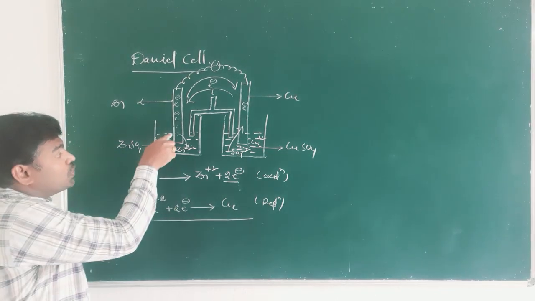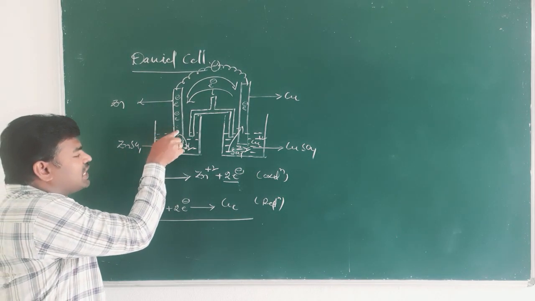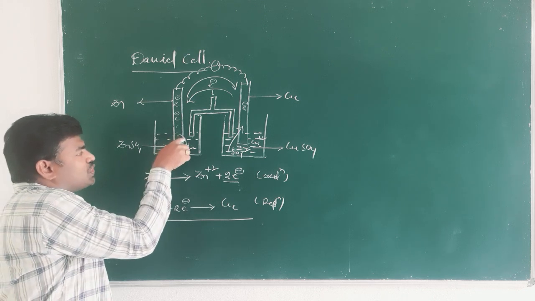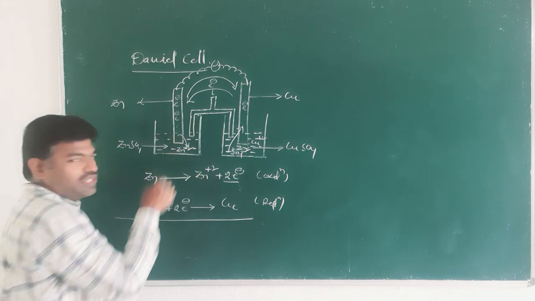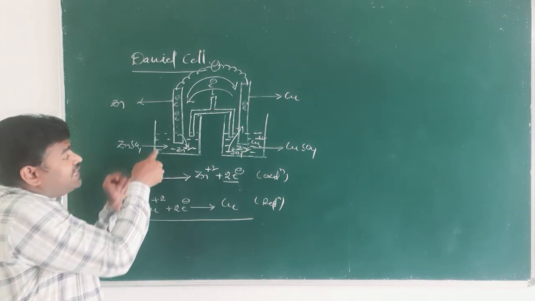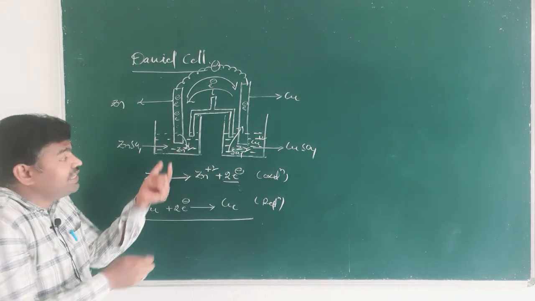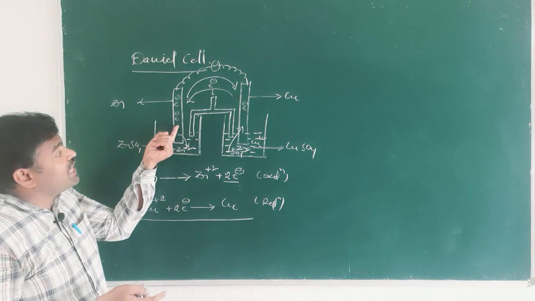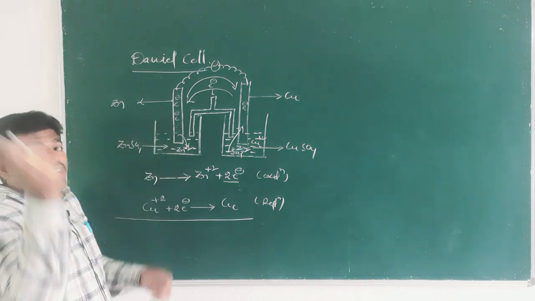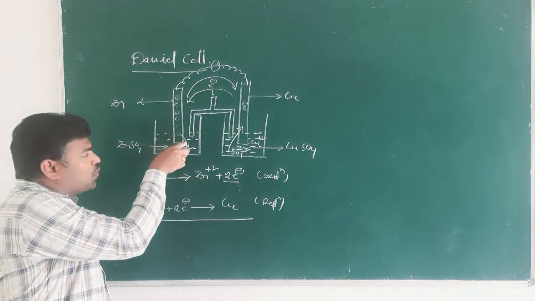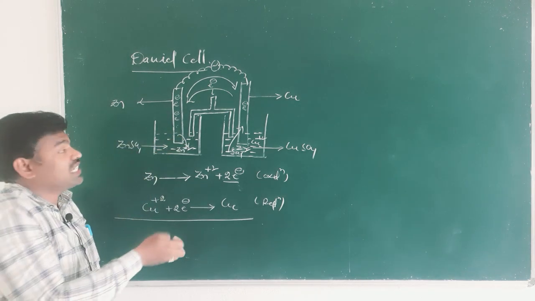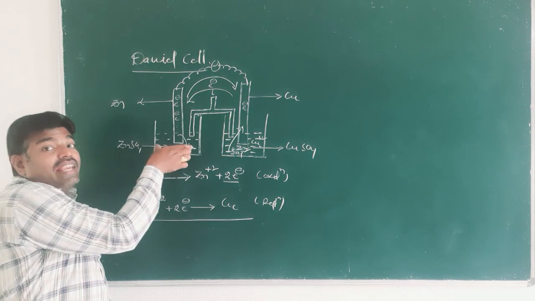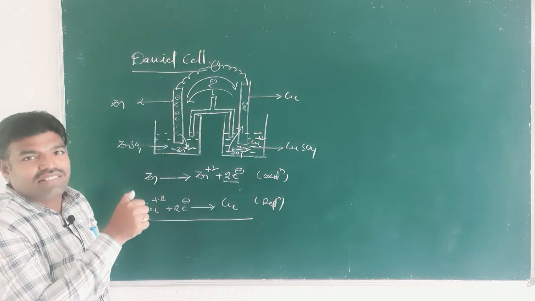Because due to oxidation of zinc, Zn+2 ions come into the solution. There are already Zn+2 ions in the zinc sulfate solution, but owing to the oxidation of zinc, more Zn+2 ions go into the solution. That's why the concentration of zinc sulfate solution increases.